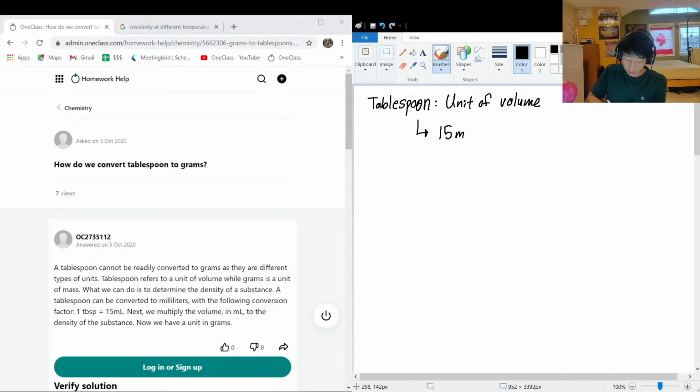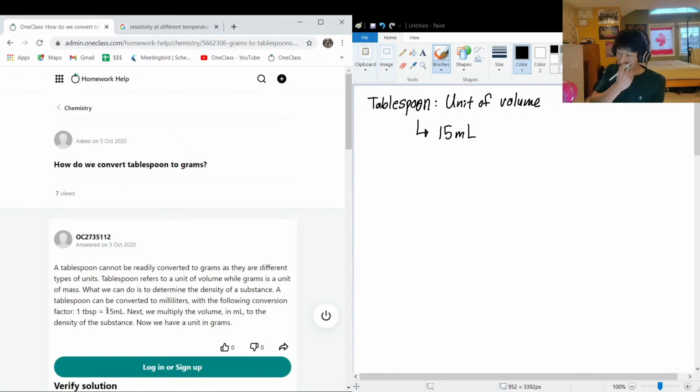15 milliliters. That's maybe like, if you were to spill something, that could be about 15 milliliters. So that's just thinking about what you could expect in terms of volume. Maybe like a handful of grapes could be 15 milliliters. Okay, so that's 1 tablespoon, 15 milliliters.